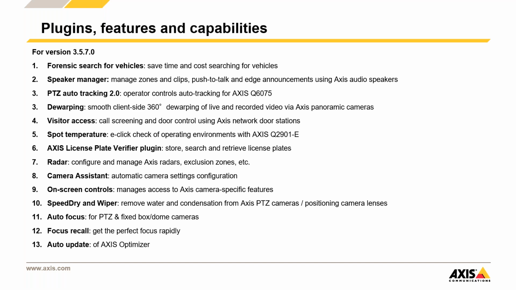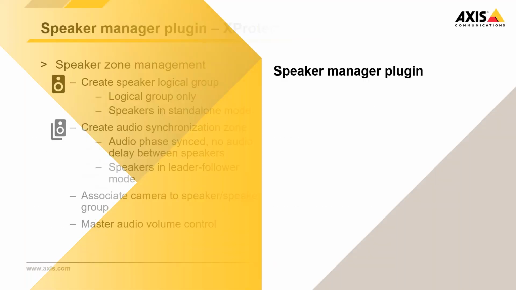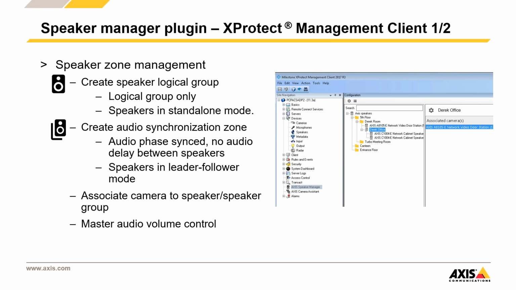So what I'm going to jump into now is, of course, the speaker management plugin. As you are aware, Axis has released a lot of IP audio speakers, PoE IP-based devices. Here what we've done with Optimizer is bring these audio devices directly into the XProtect interface. You see there, that's the management client.